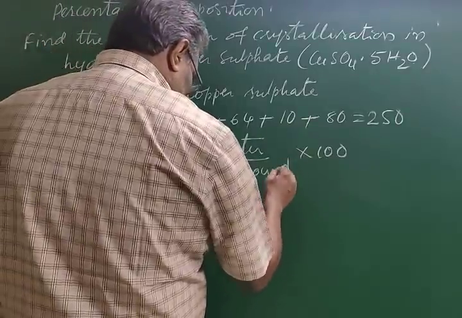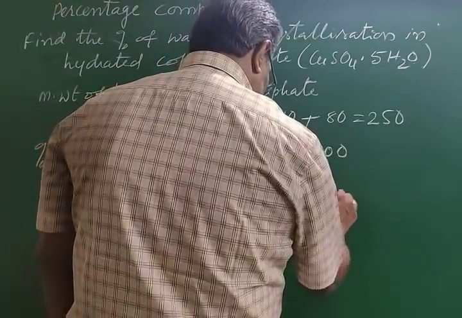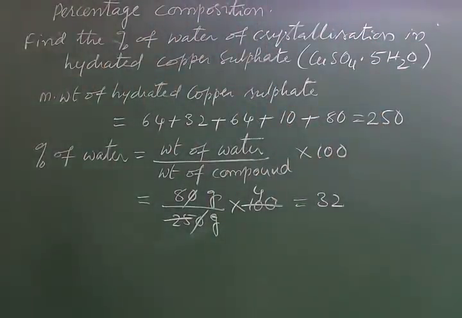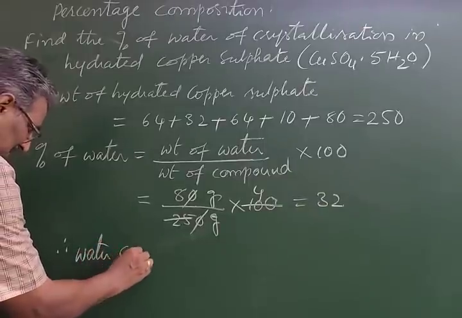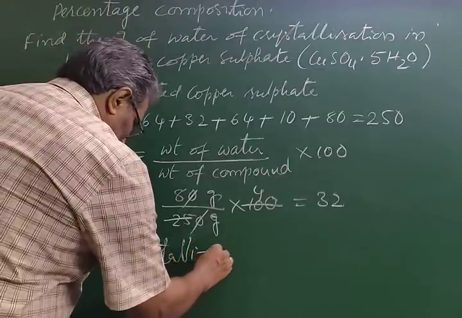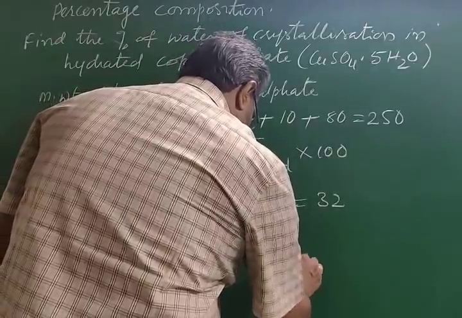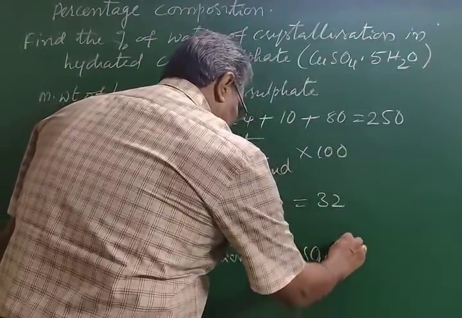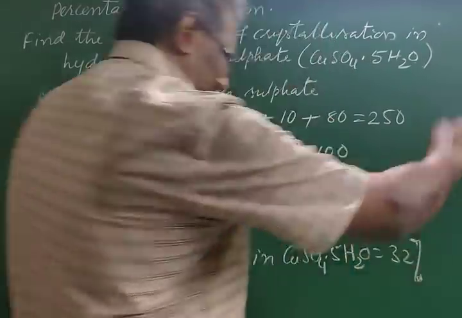Twenty-five divides this by 4 times 8 into 4, that is 32. So what is the percentage of water of crystallization in CuSO4·5H2O? 32%.